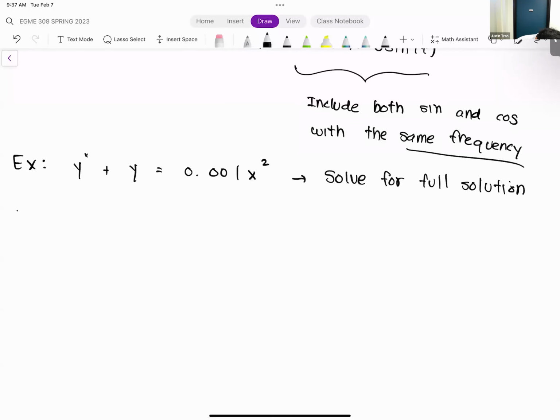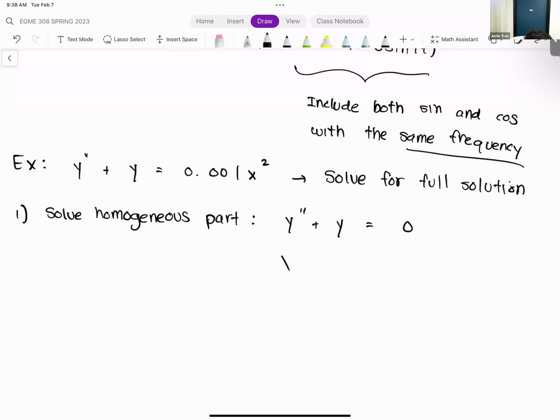Before we do that, let's solve the homogeneous part of the equation. For a homogeneous problem, we take all the y terms and set them equal to 0. So we're basically going to ignore the non-homogeneous term at first and solve for a solution.